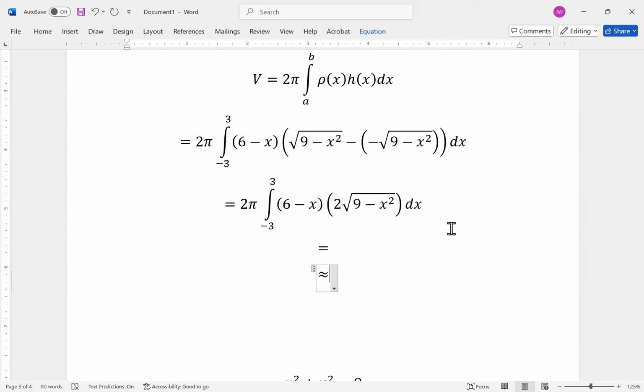Make sure the 6 minus x is in parentheses so that the entirety of 6 minus x gets multiplied by this whole thing and not just the x. By the way, this is actually something you could do by hand if you wanted. We have the techniques to do this by hand if you'd actually like.